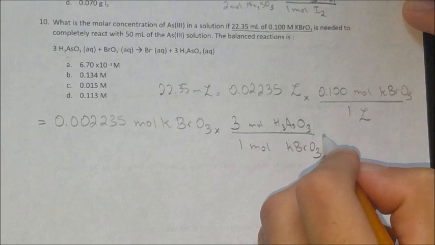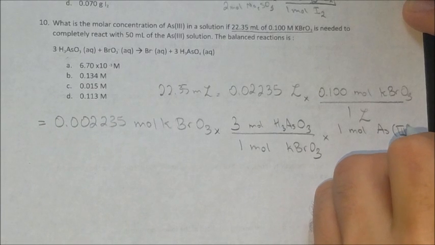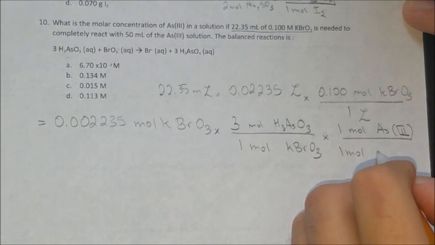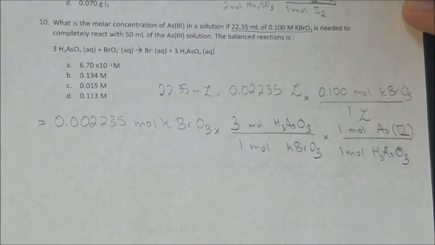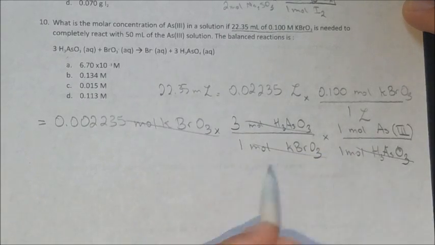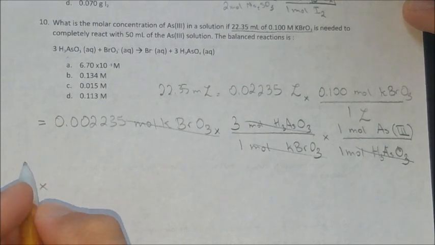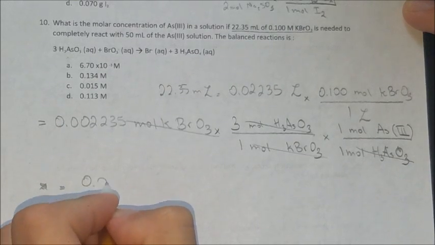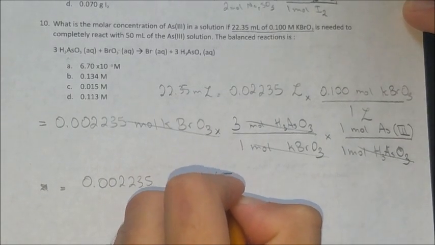But we're not done yet. Let's remember that there is 1 mole of arsenic 3 in every mole of H3AsO3. Now we're ready to do the calculation. Let's cross off our units and make sure they cancel. We're in moles. Let me go ahead and write this out: 0.002235 moles of As3.